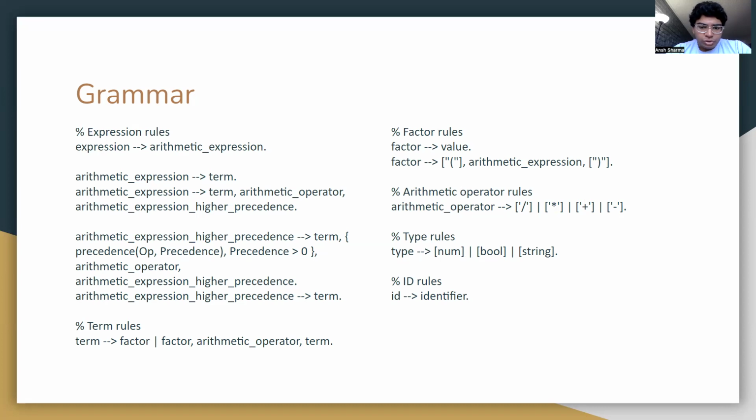The type rule defines the types that we allow in our language. Number is basically num, which allows both integer and float values. Then there's Boolean, bool, which is capital T or capital F. And then there is string. ID is identifier, basically the names you give to your variables.